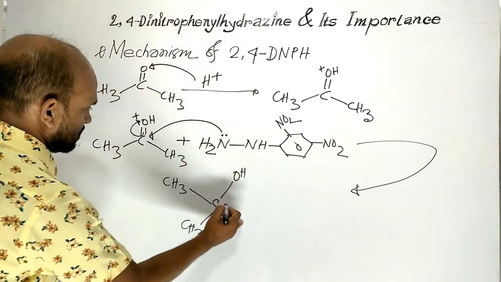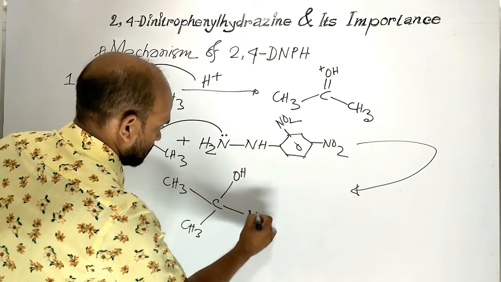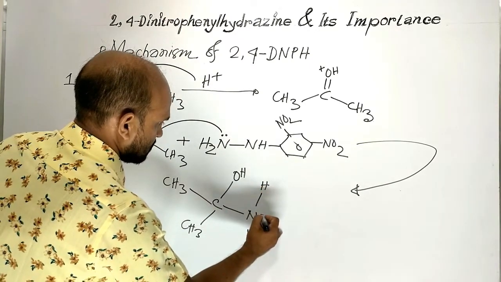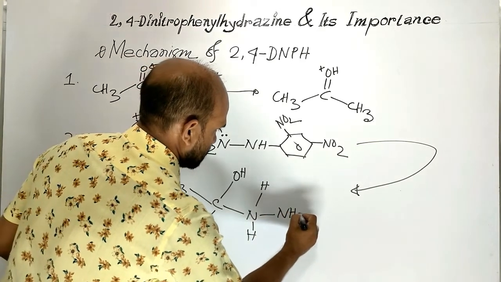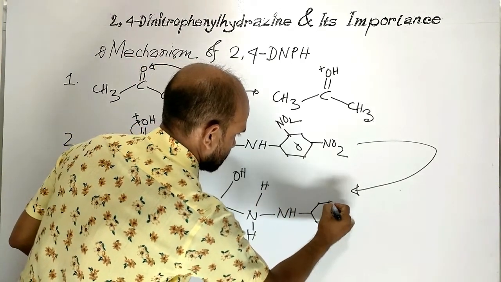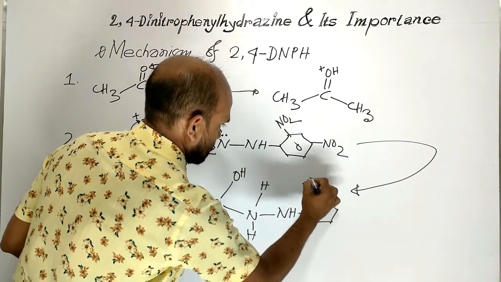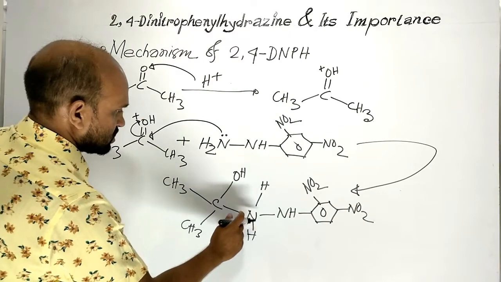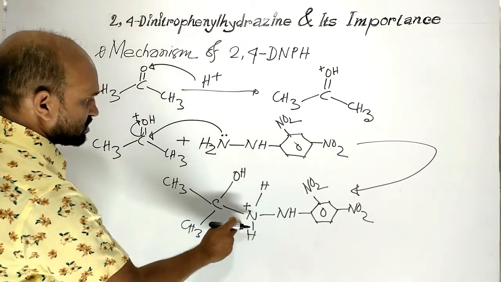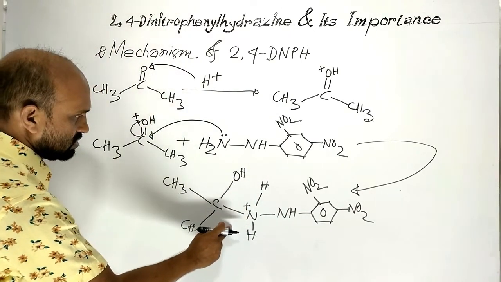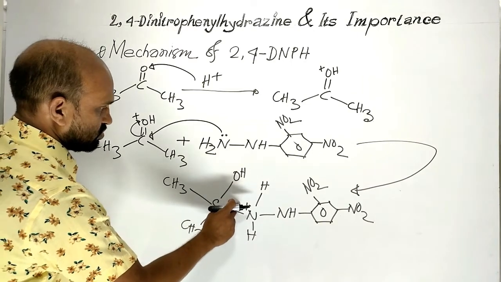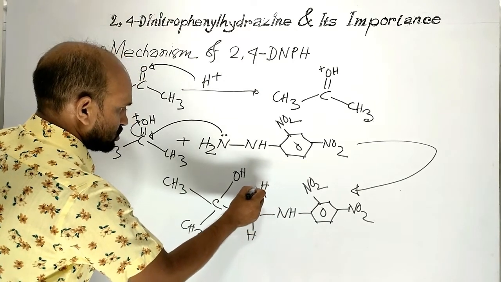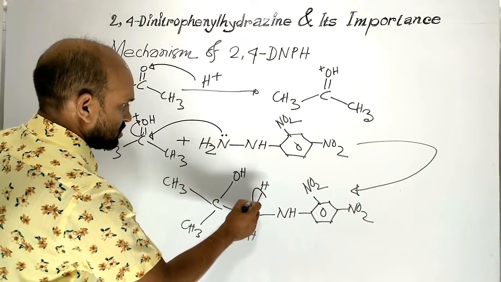OH, here nitrogen, hydrogen, here hydrogen, NH, here over nitrogen, positive charge. Now in this ion, because of this positive charge, these covalently bonded electrons move towards nitrogen.